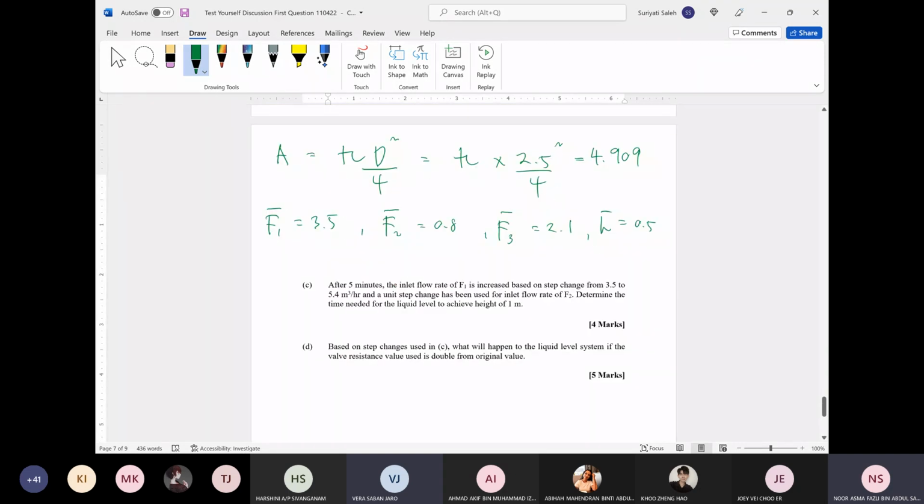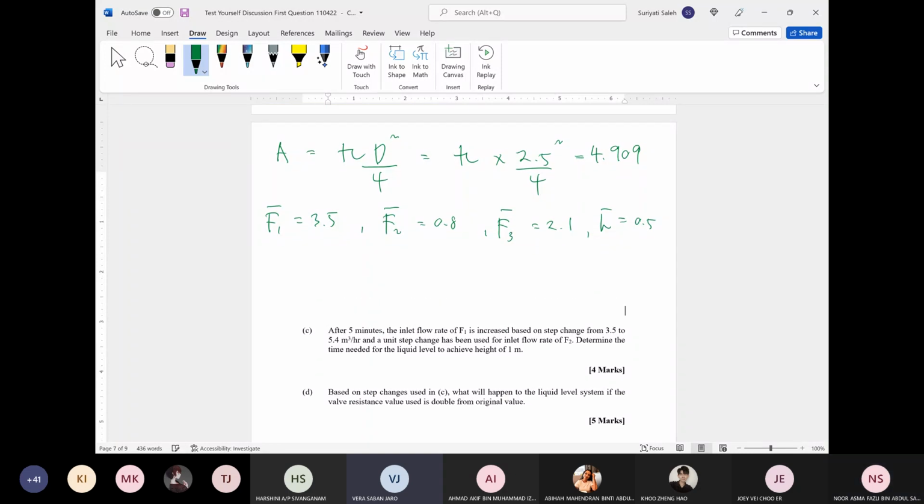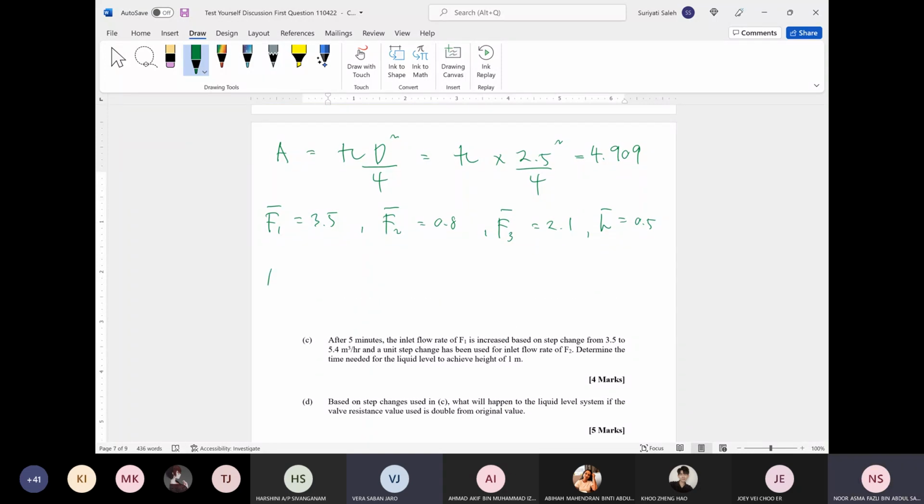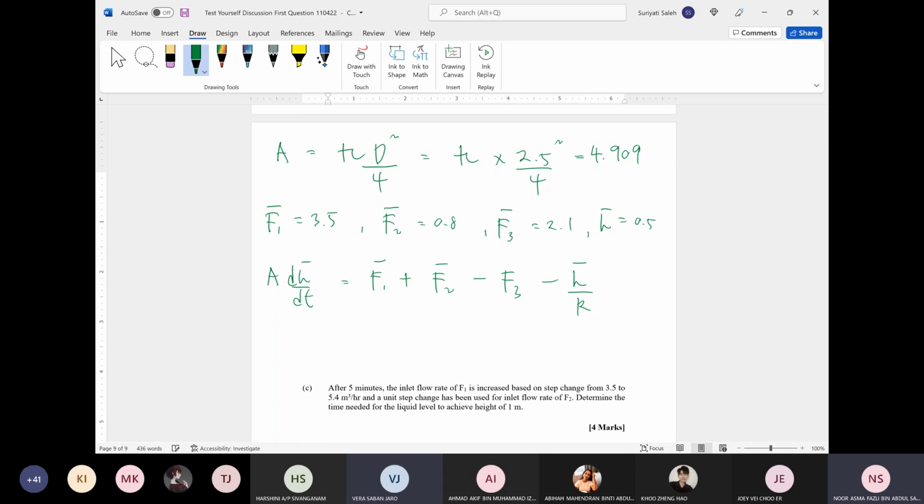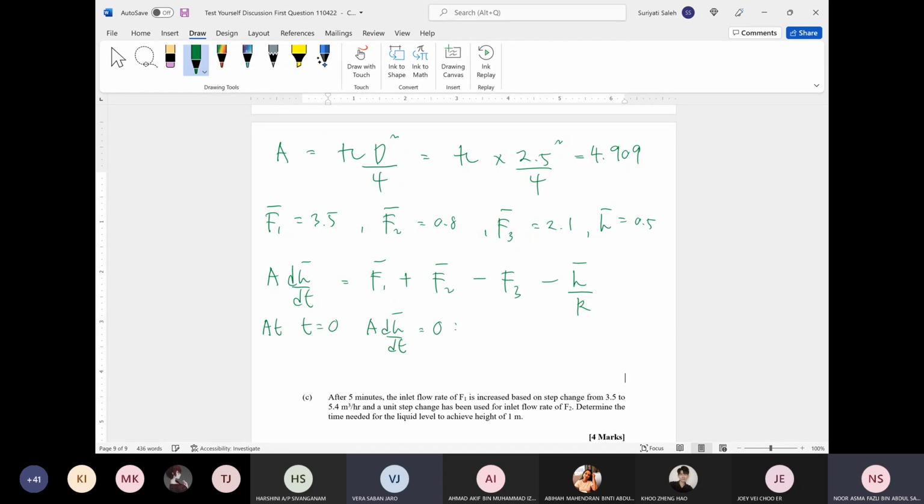Based on that, A dH bar over dt equals F1 bar plus F2 bar minus F3 minus H bar over R, where, like I said before, at t equal to 0, A dH bar dt automatically becomes 0.